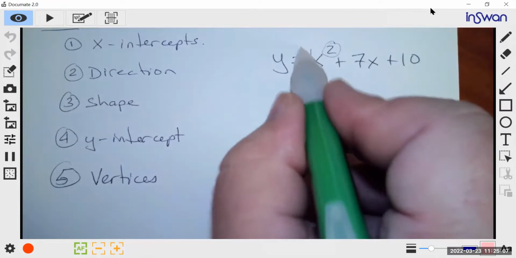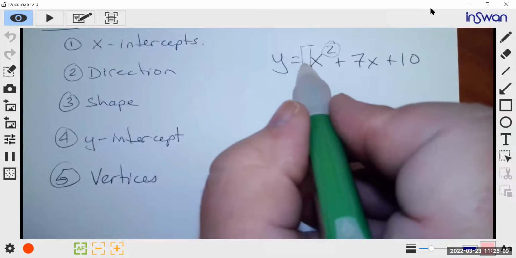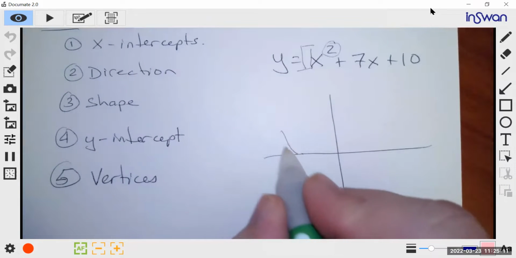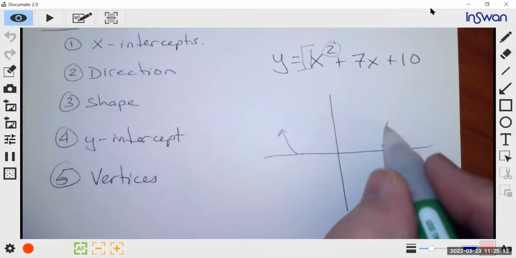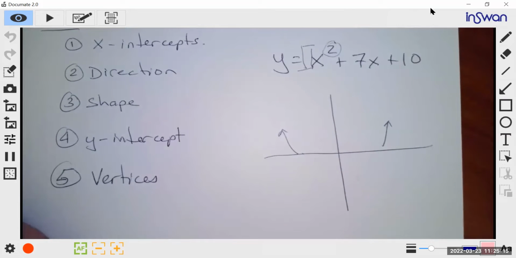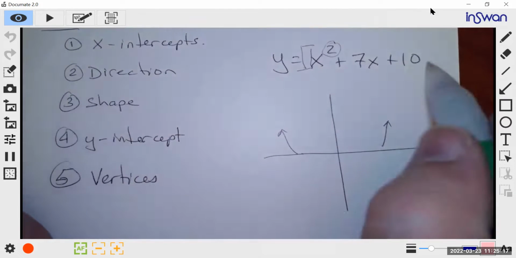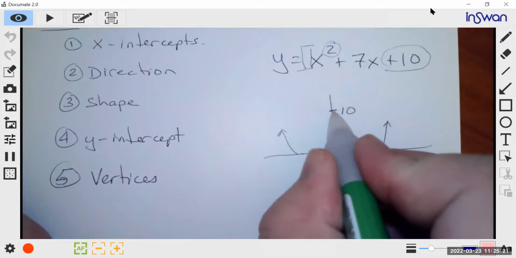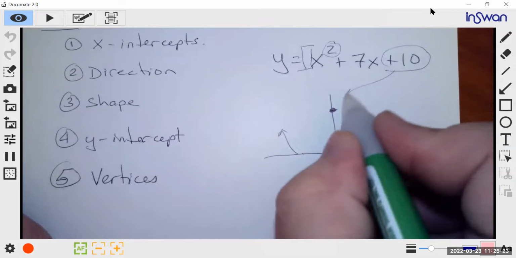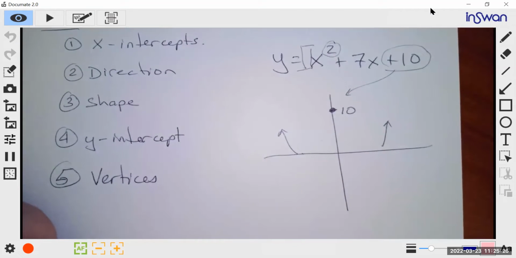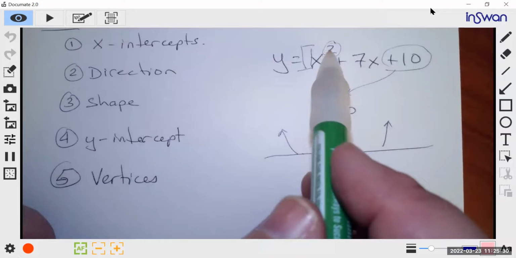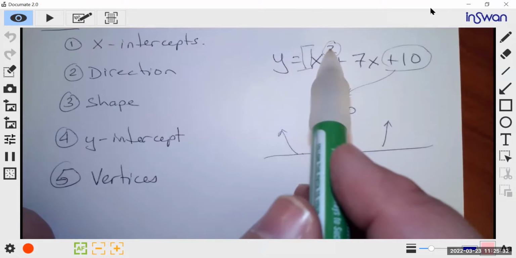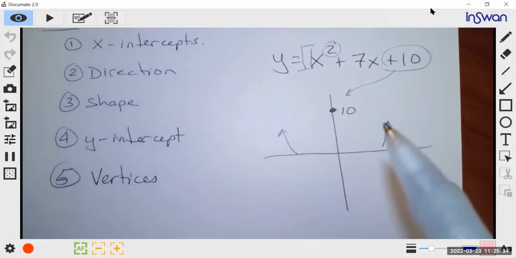Since the leading coefficient is 1, it's greater than 0, we know that the ends of our graph will point up. We know the y-intercept is 10, and we're going to have at most two x-intercepts. Let's find them.